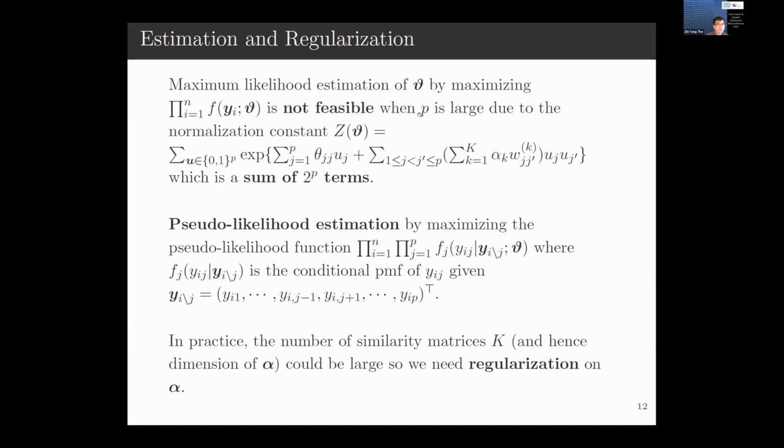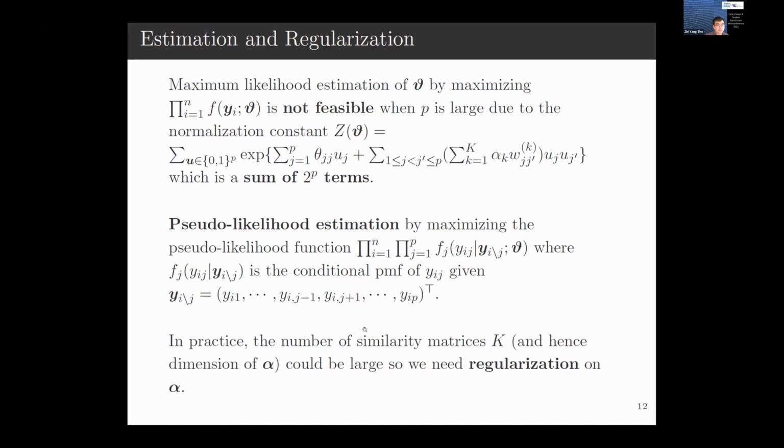When your p, which is the dimension of your response vector, or in our case, the number of senators, is large, then this is not feasible. So instead we make use of pseudo likelihood estimation, maximizing this pseudo likelihood function. Here f_j is the conditional probability mass function of y_ij given all other elements in the same response vector. This is what we call the pseudo likelihood function, and it gives you the estimate for your parameter.